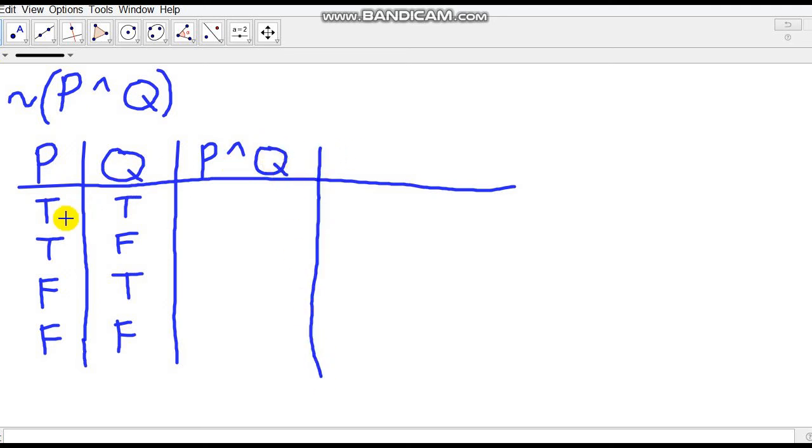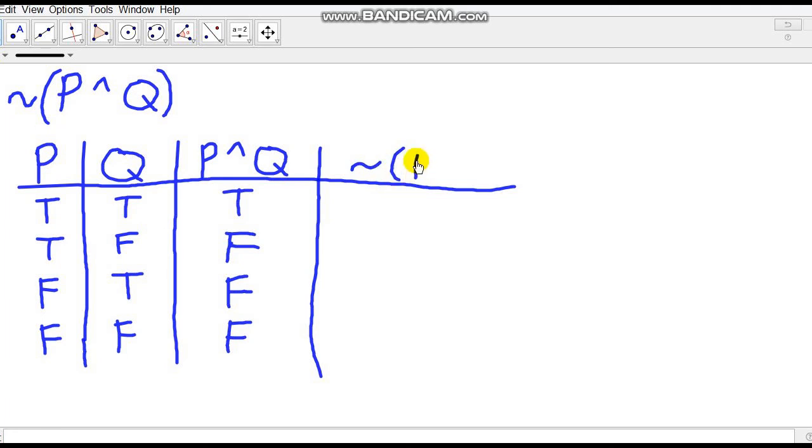So P and Q would be true for true and true. For true and false, since this is and, one of them is false, automatically it becomes false. False and true, since this is and, it is false. False and false, P and Q becomes false. Once we know the truth value of P and Q, let us get its negation.